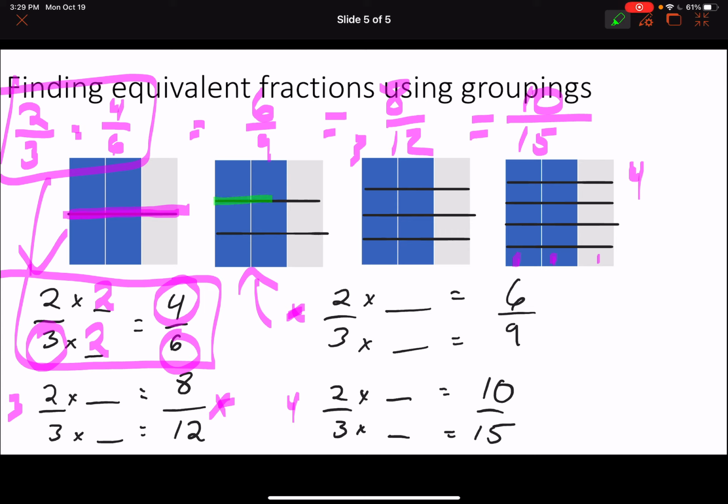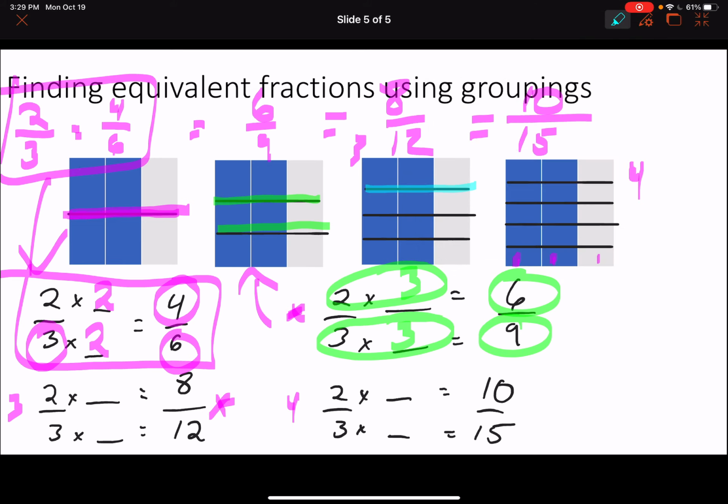Noticing here, I cut this into 3 more sections, so I'm going to multiply this by 3 and this by 3. So 2 times 3 equals 6, and 3 times 3 equals 9. Again, I'm multiplying this next one here. I've divided it into 4 more sections, so I'm going to multiply by 4.